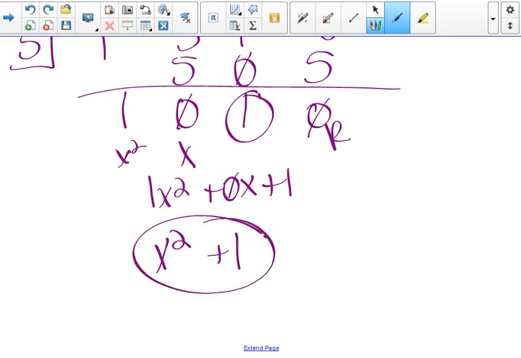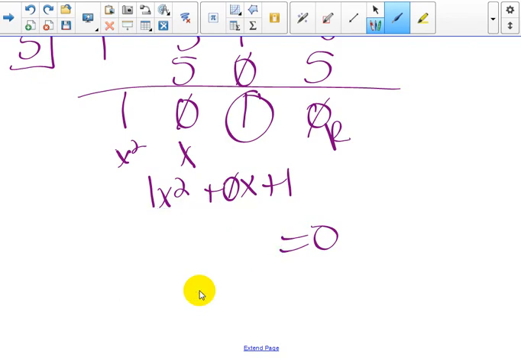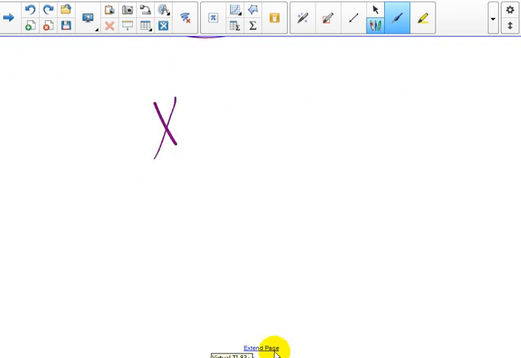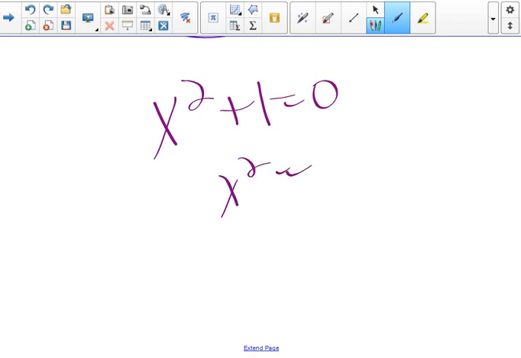Now let's solve that, because we're still looking for 2 more answers, right? We've got to solve for x. So set this equal to 0 and solve. And when we do that, okay, so we're going to get x squared equal -1.